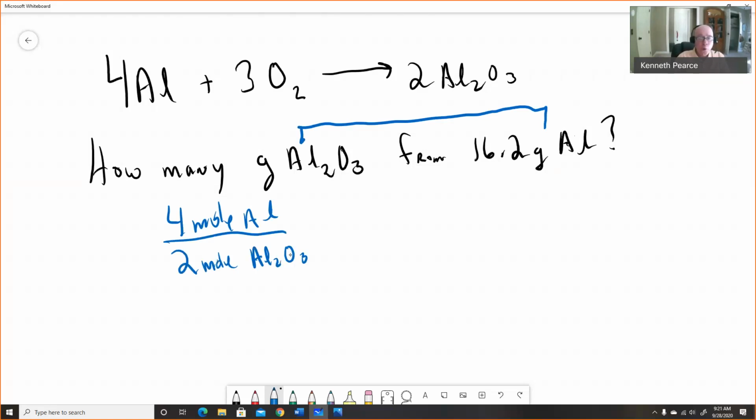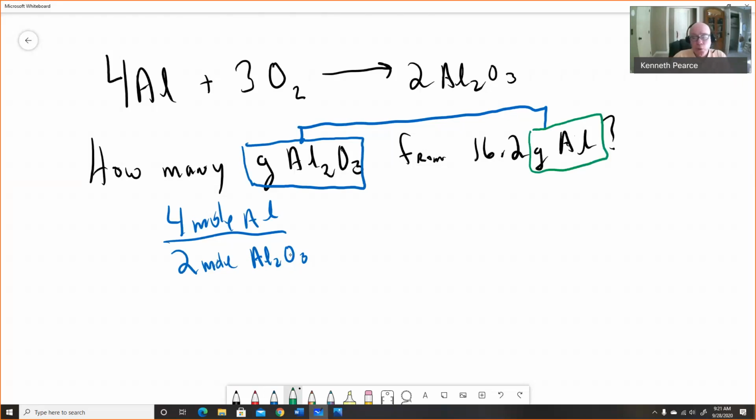This is the sole purpose of the balanced equation, is to get you the mole ratio. Okay, so we definitely are going between two things. Now, how about, do I see grams anywhere? And the answer is yes, and I see it in two different places. I see grams aluminum oxide there, and I see grams aluminum over here. So I'm going to need the molar mass of both of these in moles per gram.